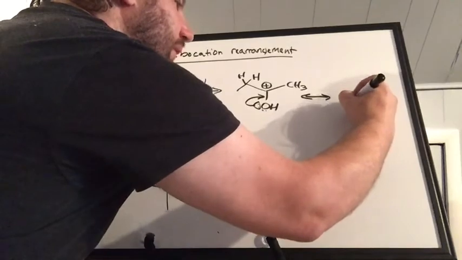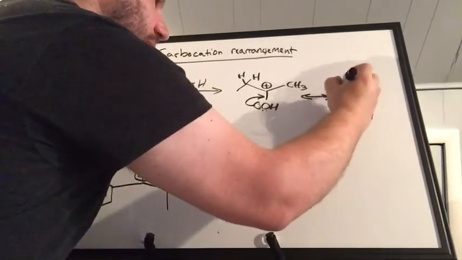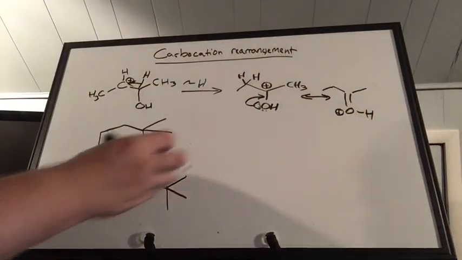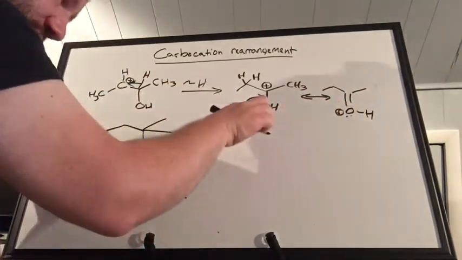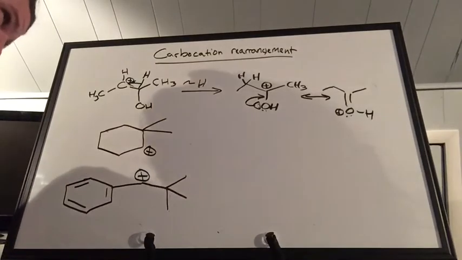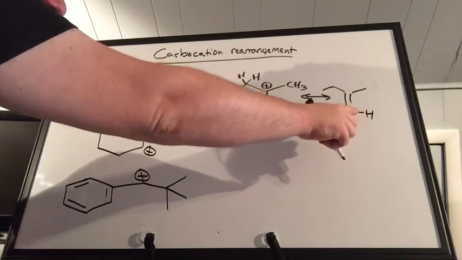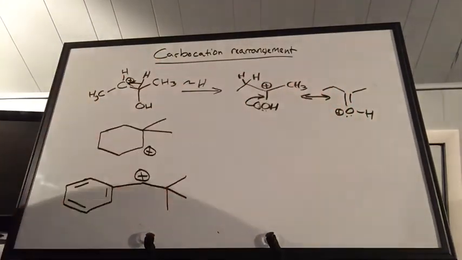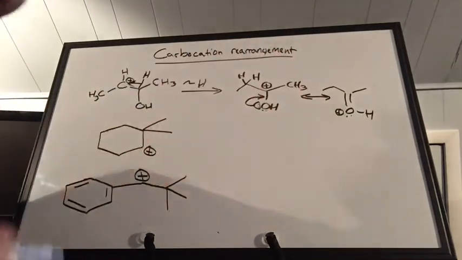Well, if that's the case, this is actually going to be a more stable resonance form, because remember, you still have those 2 electrons that are still orbiting about that oxygen. So there's going to be 1, 2, 3, 4, 5, 6, 7, 8 electrons surrounding that oxygen. There's going to be 8 electrons surrounding that carbon too. So this is going to be the major resonance contributor. Okay.